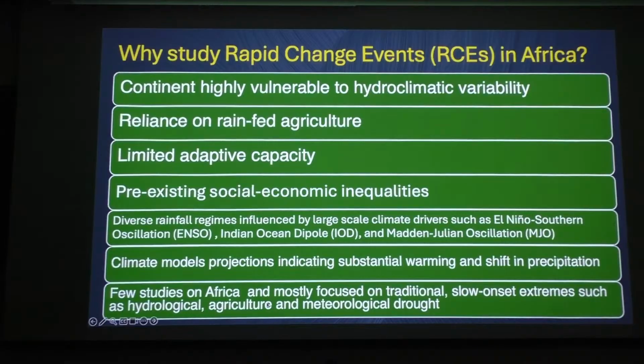Climate model projections show an increase in warming, which will shift the precipitation. As a result, it will create a lot of extreme events: in one place maybe flood, in another place drought. And there are few studies in Africa.